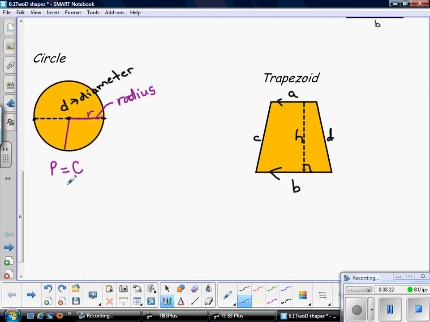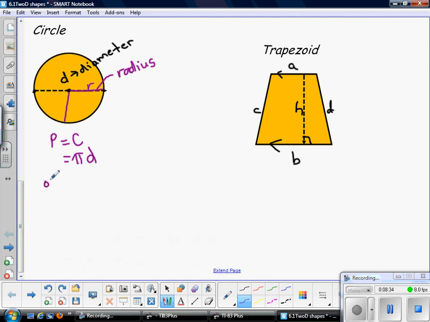And it equals pi d, or it's equal to 2 pi r. Because remember I told you up here that the diameter is 2 radii. So if I know the radius, I just change the formula so it says 2 times pi r. And the area is equal to pi r squared.